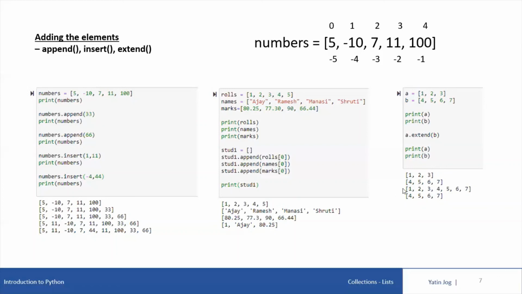This print A will result in first list A 1, 2, 3, and then starting with B values, that is 4, 5, 6, 7. So it has extended list A, which is 1, 2, 3, with the values of B, which is 4, 5, 6, 7.